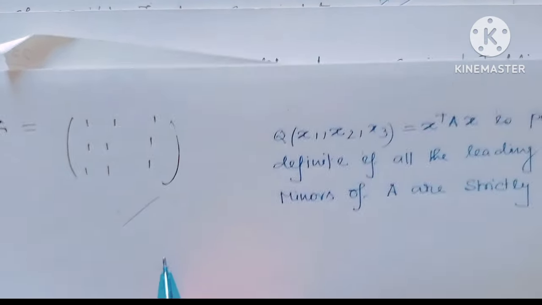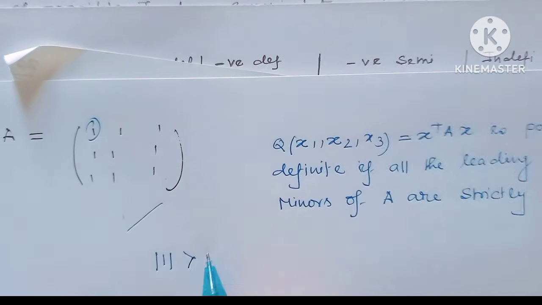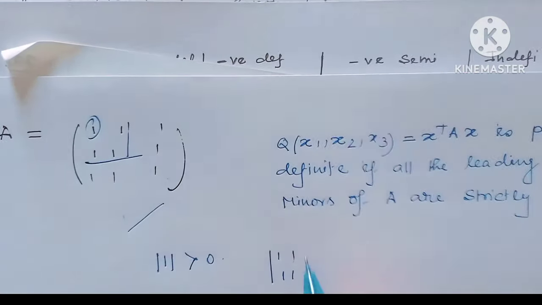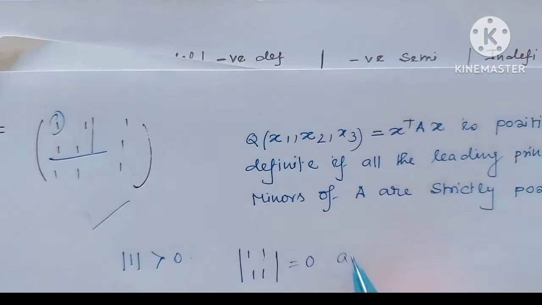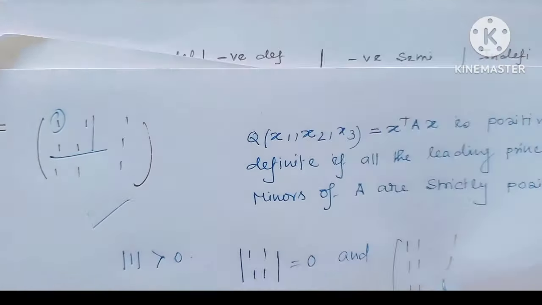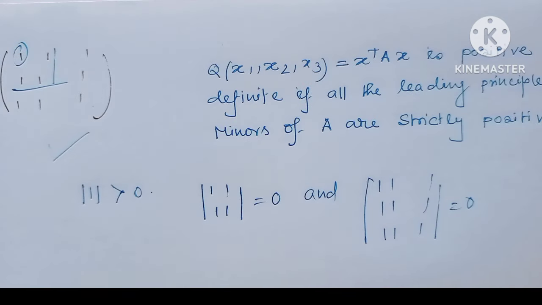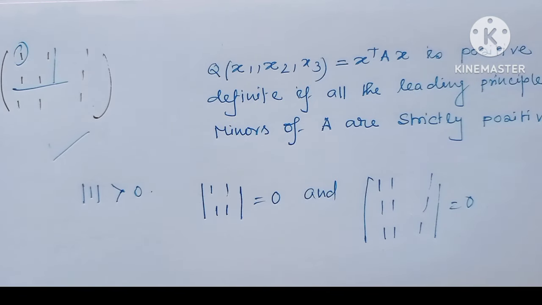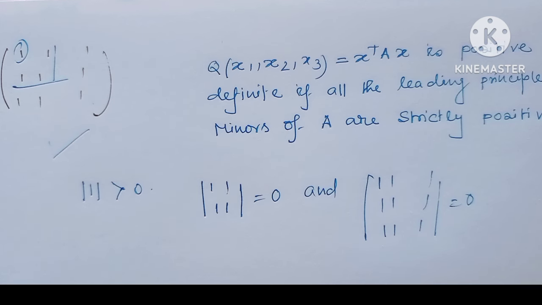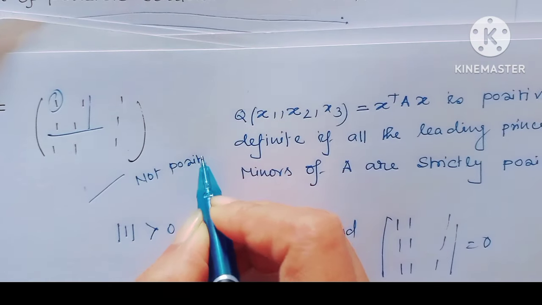Here notice the first principal minor 1 is strictly greater than 0, but the second principal minor, with entries 1, 1, 1, 1, is equal to 0. Also the third principal minor is equal to 0, since two rows are identical. Since not all leading principal minors are strictly greater than 0, this is not a positive definite matrix.